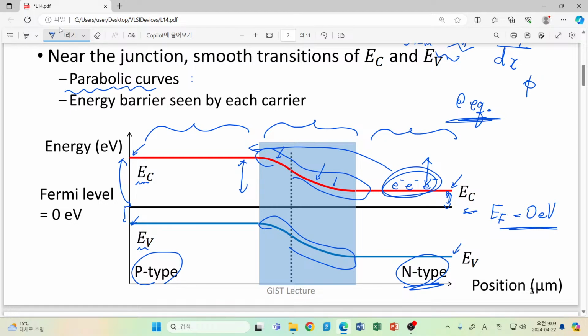So here we have a lot of electrons. For example, if we have introduced 10 to the 20 per cubic centimeter, then we will have that so many electrons in this part. However, that excessively large electron density is compensated by this energy barrier.